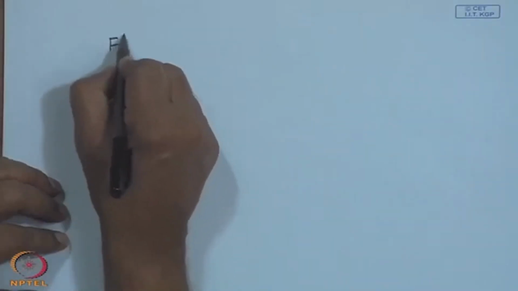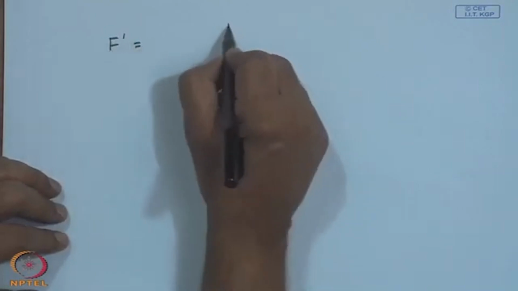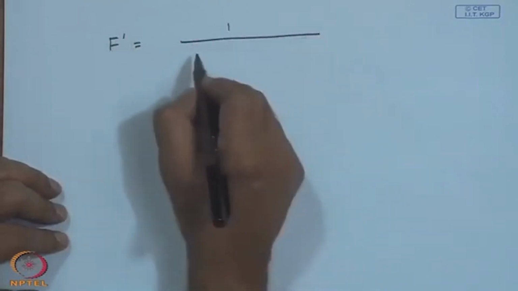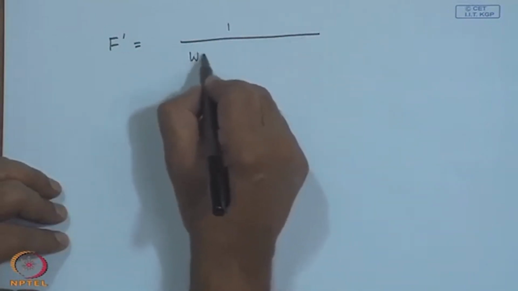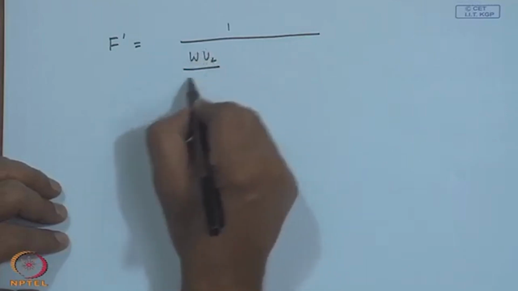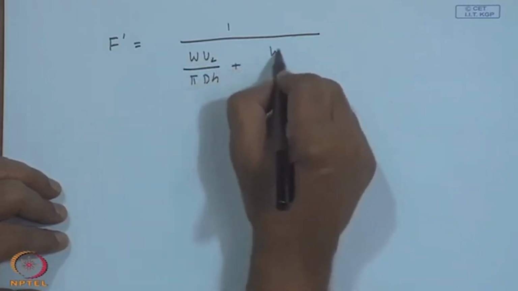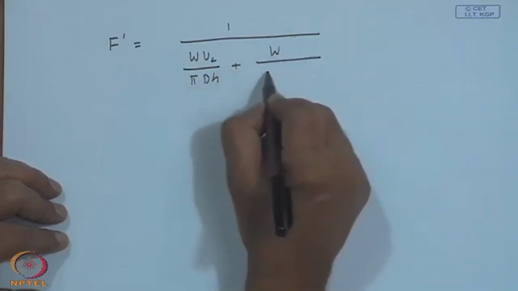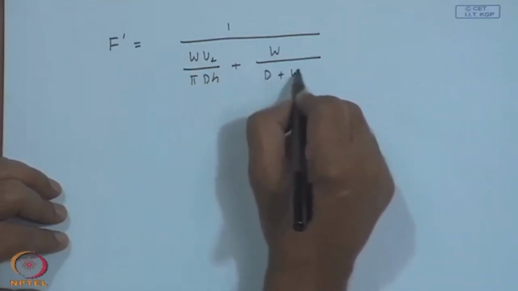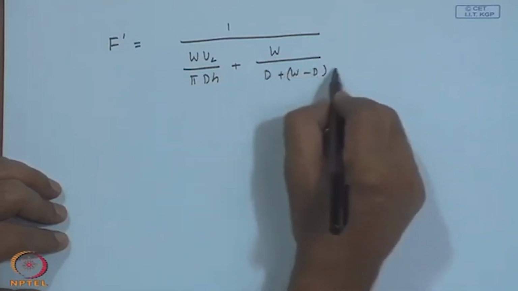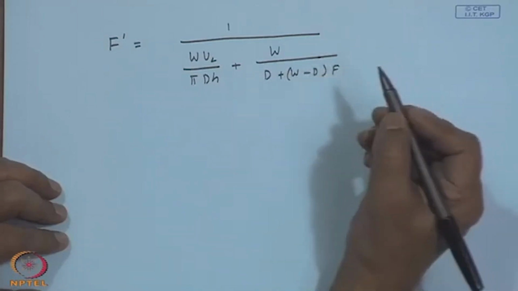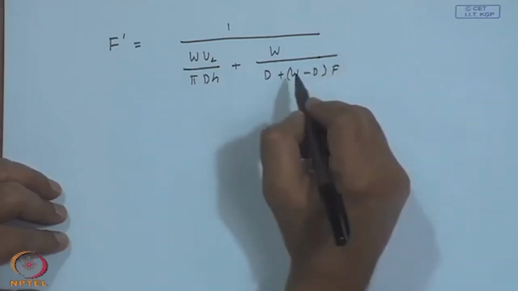You have the collector efficiency factor, again slightly differing because of the differing arrangement of the tube and the fins: 1 upon W U L by pi d h plus W upon d plus W minus d times F. You will notice that the bond conductance does not come into the picture here.